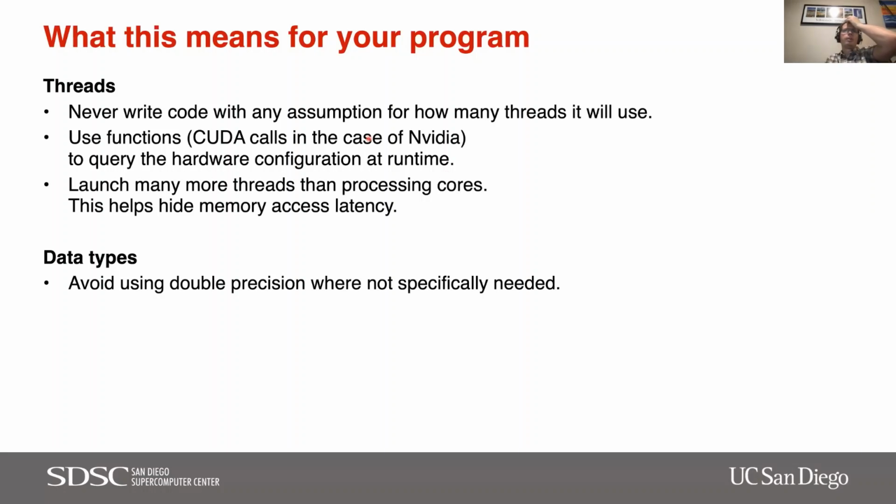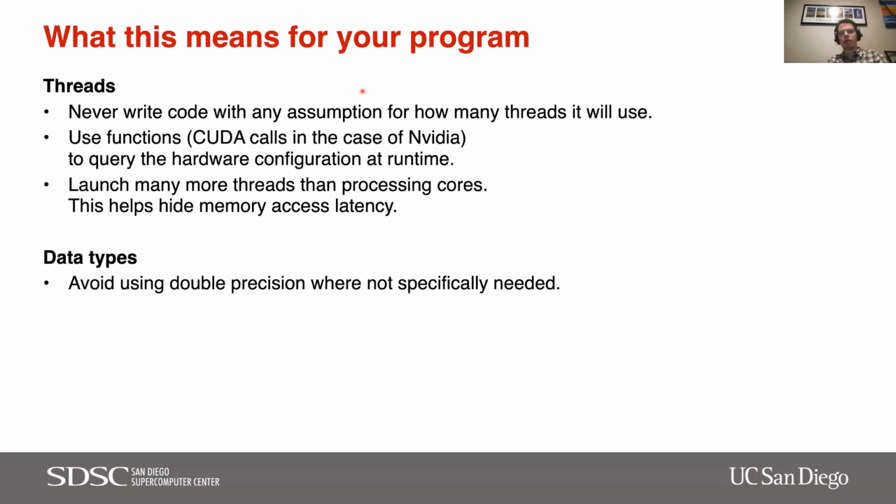Overall, these changes from architecture to architecture, what that means for your program, really, there are two things that you have to keep in mind. Threads: you should never write code that assumes how many threads it will use. It's a little bit like an MPI code or OpenMP code.